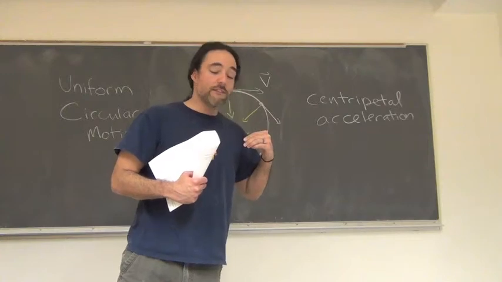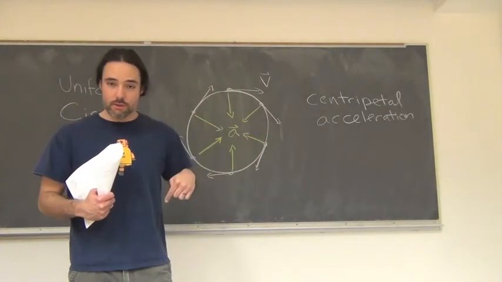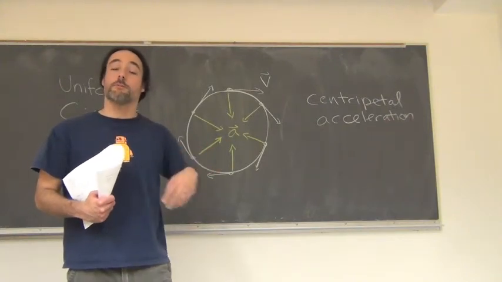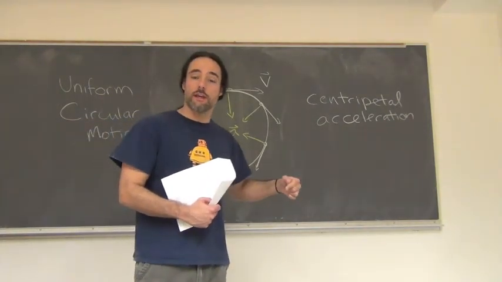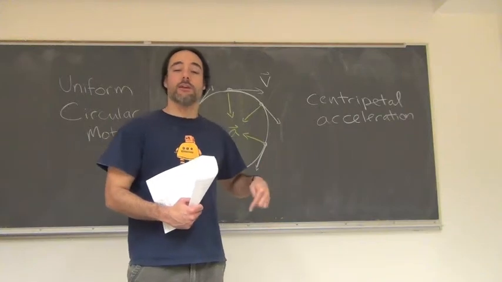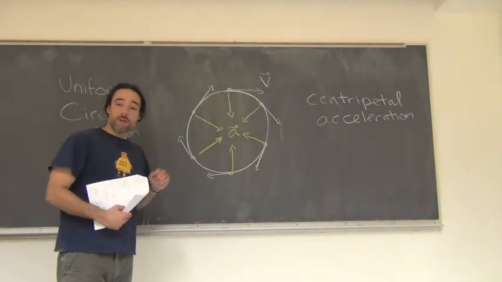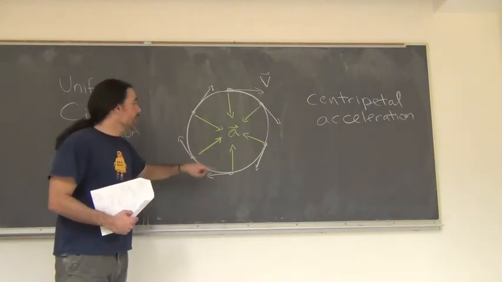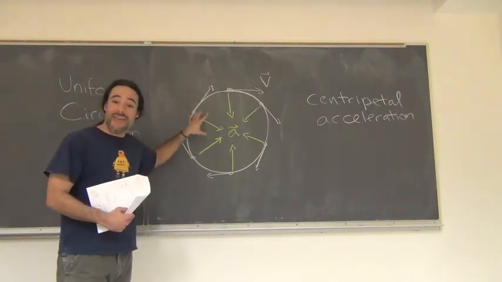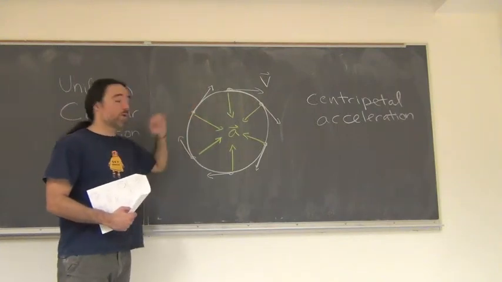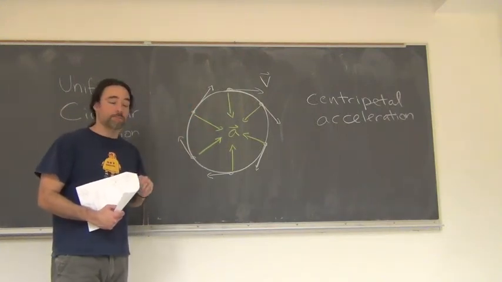And if you are running faster around that circle, it's going to be harder to curve. It's much harder to change directions when you're running at full speed than when you're just jogging. So the centripetal acceleration, how much acceleration you need to move in a circle, is going to depend on how fast you are moving. So it's going to depend on your speed, v.